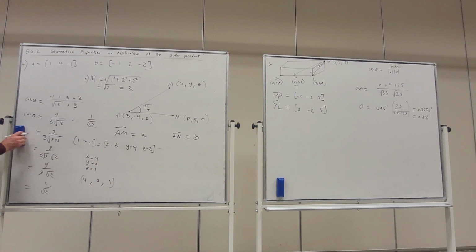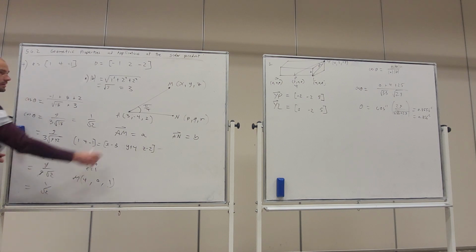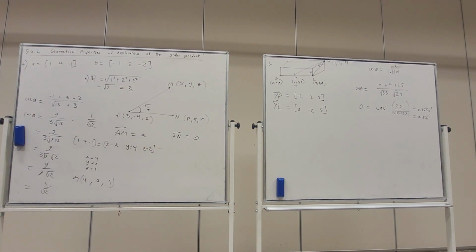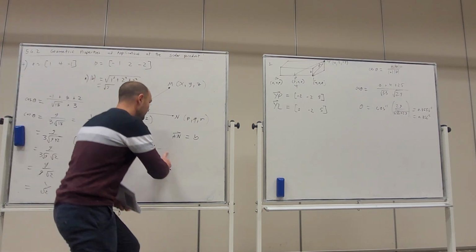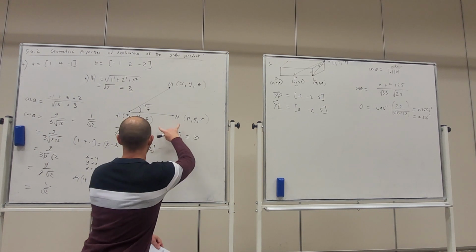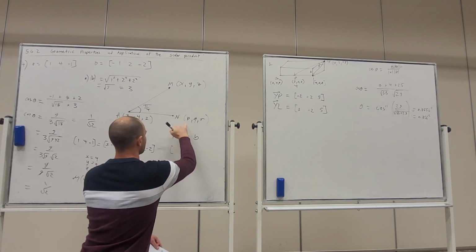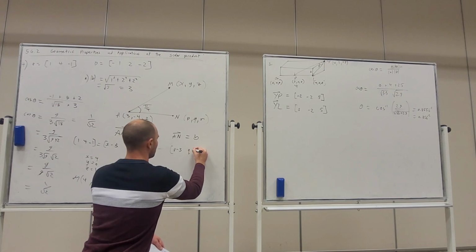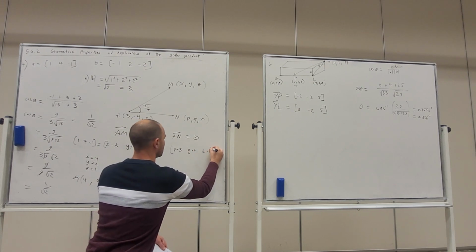Because what are we asked to do? Find coordinates M and coordinates N such that they are at 45 degrees. So that's coordinates M. Let's do the same for N. So we've got vector AN is going to be, I'll write a bit smaller, P take 3, Q plus 4, and R take 2.